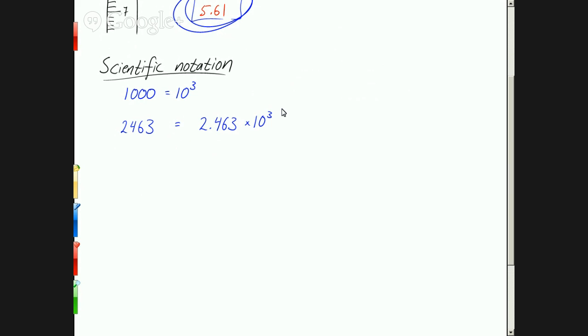So we start at the very end of the number, right here, because that's where the decimal place would be if there were decimals. And we count how many places we have to move it to just have one number left over. So we're going to move it once, twice, 3 times to just have one number left over on the left. And if we've moved it 3 times, that's 10 to the third. So 1, 2, 3 moves gives us 10 to the third.